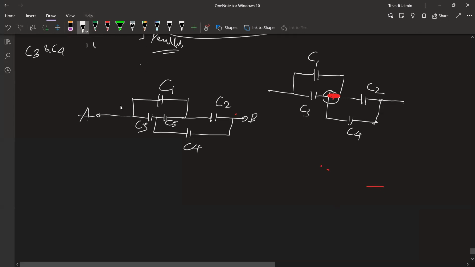Now another, this is also a Wheatstone bridge.